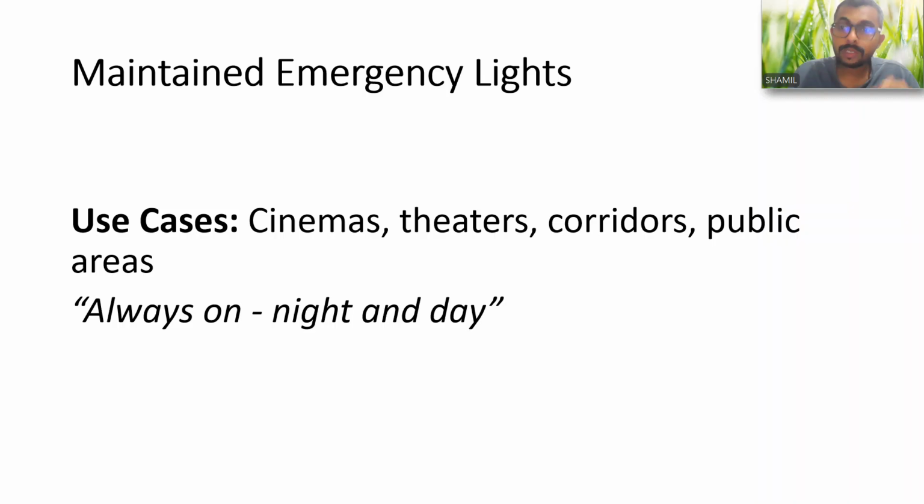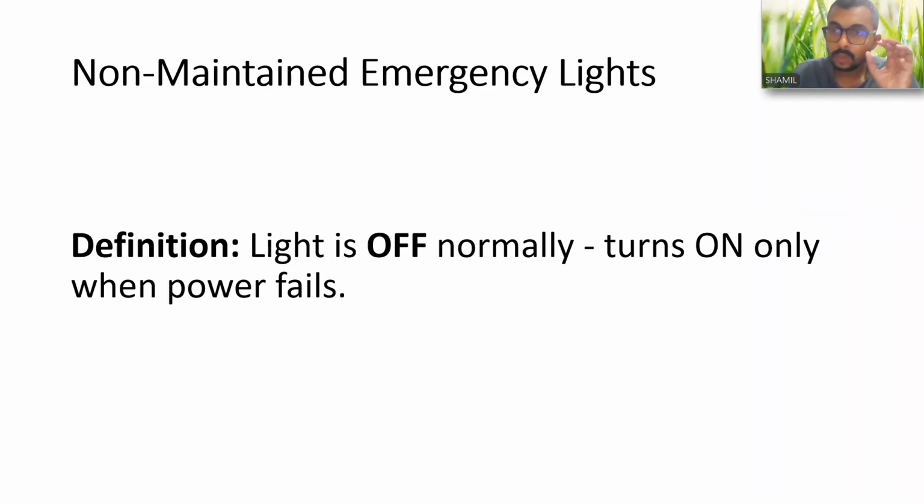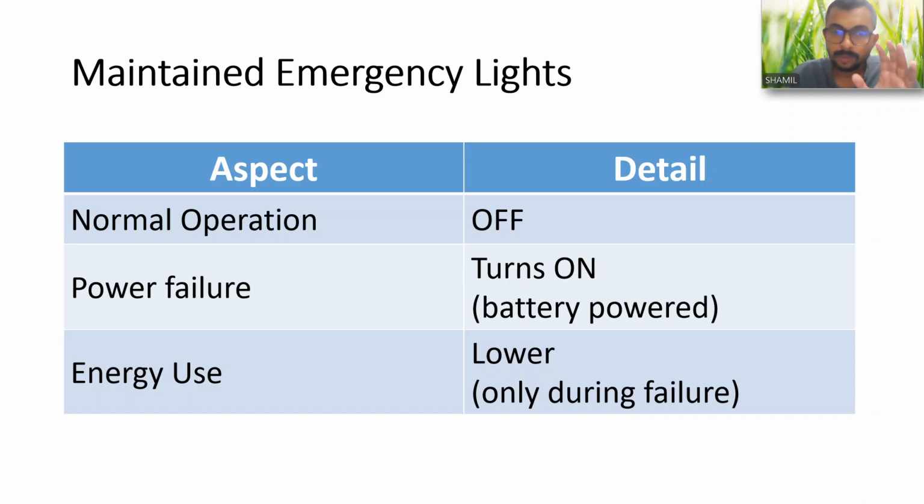Now we will move on to the non-maintained emergency light. If you remember, as I said in the beginning of this video, the emergency light is off during normal condition. That kind of light is a non-maintained emergency light. Only during the power failure time will it turn on. So during normal time it is in the off condition.